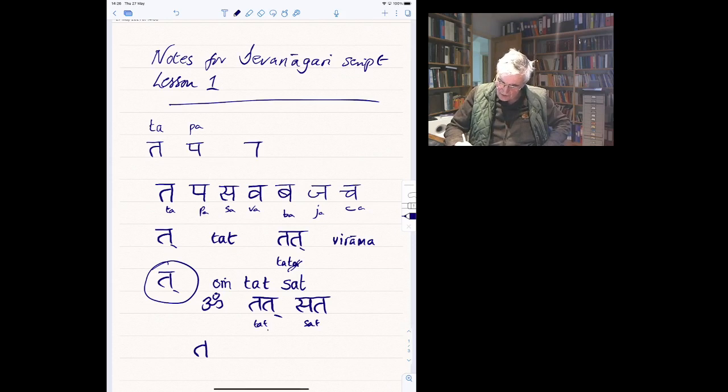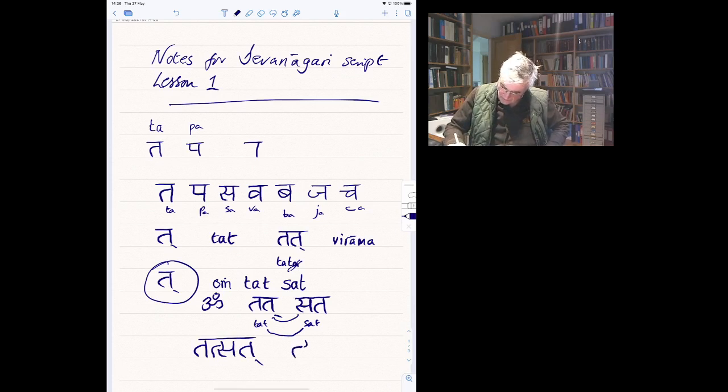This t now is going to be joined to the s, so you write the first part, the characteristic part of it, the part which distinguishes it as a t, and you join it right up now to the following letter, the s. So this is tat sat.